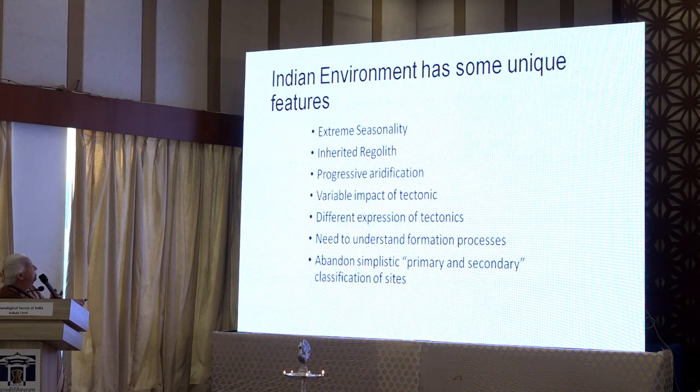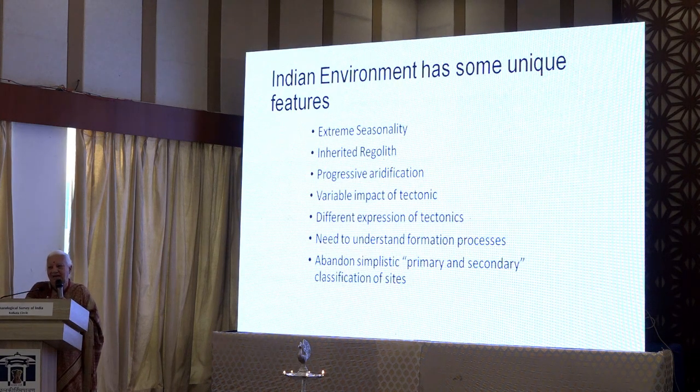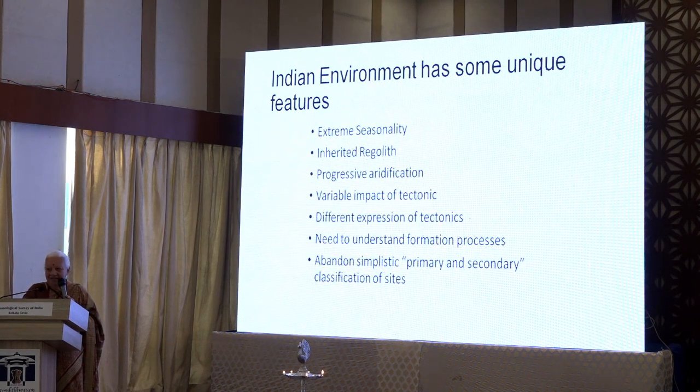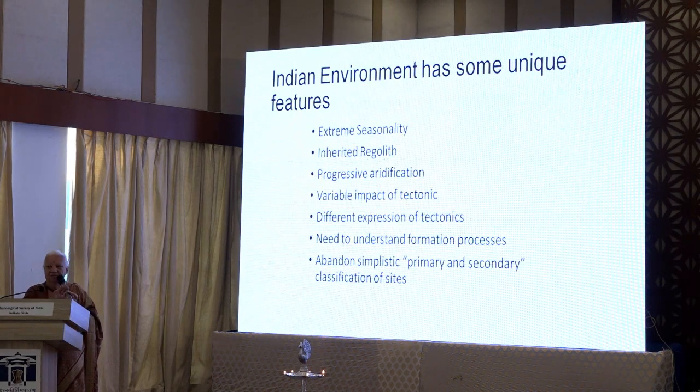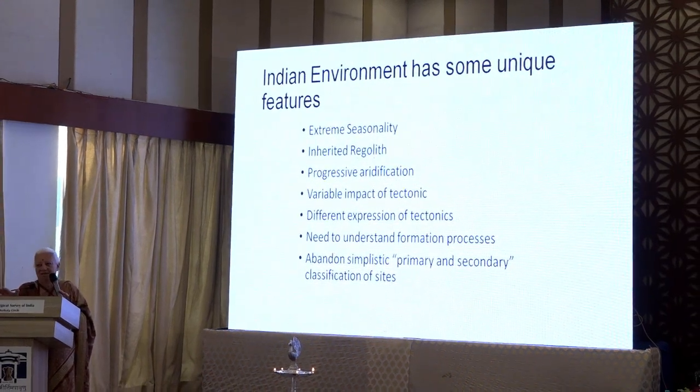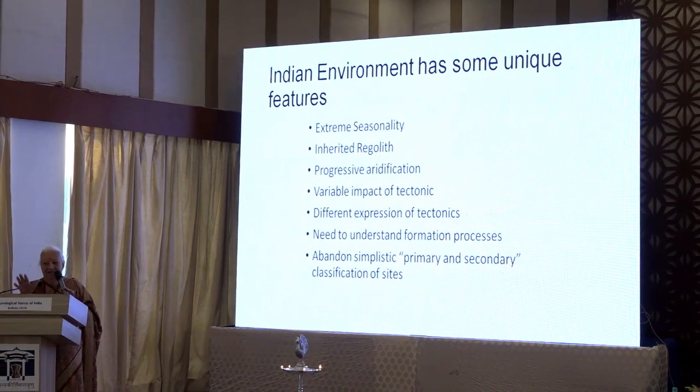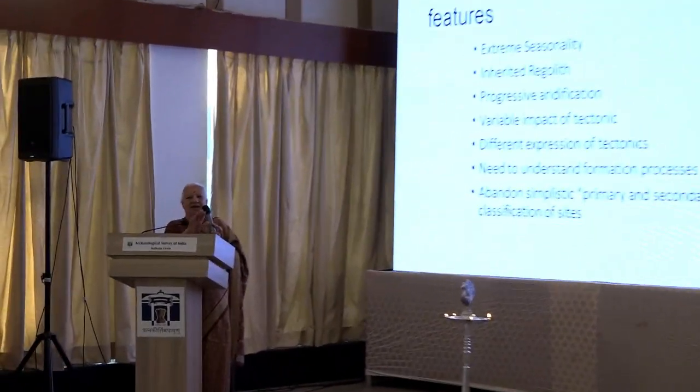So the first thing, the most important thing, is the extreme seasonality of the climate. When you read in the textbooks, this is very important for archaeology because this was one of the first relative dating methods. In Northern Europe, you have the Seine River and the Somme River and the Thames River.